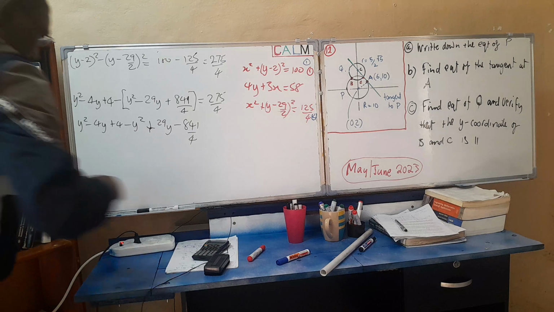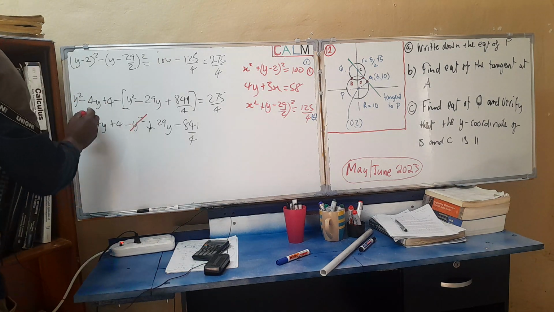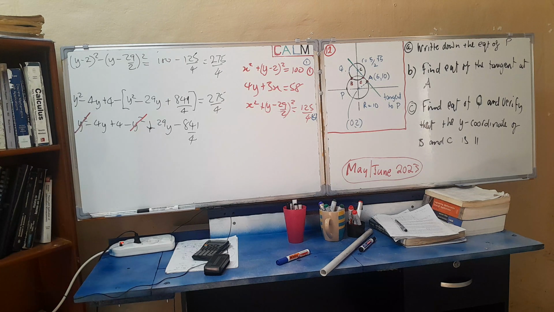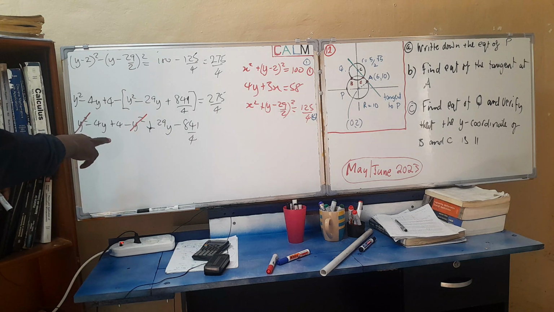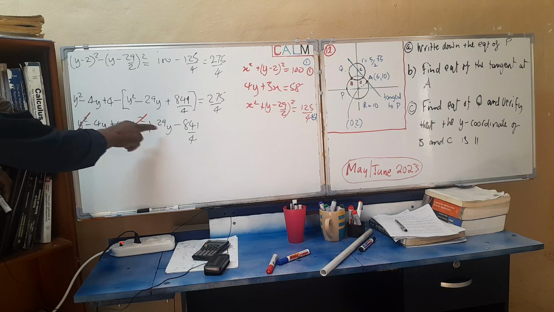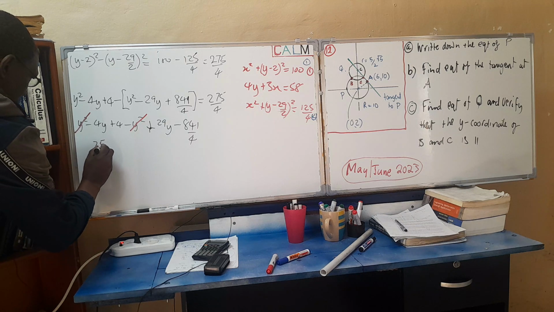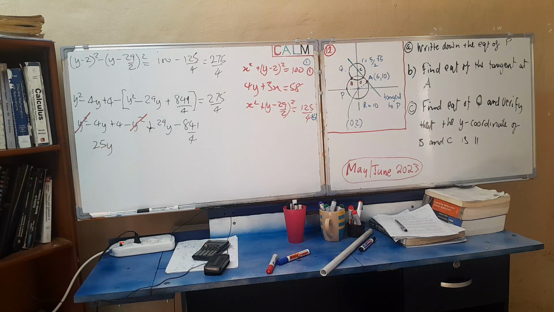Of course, our y squared disappears there. 29y minus 4y gives us 25y.